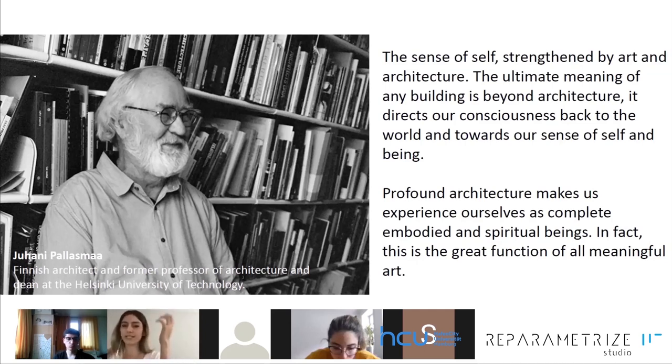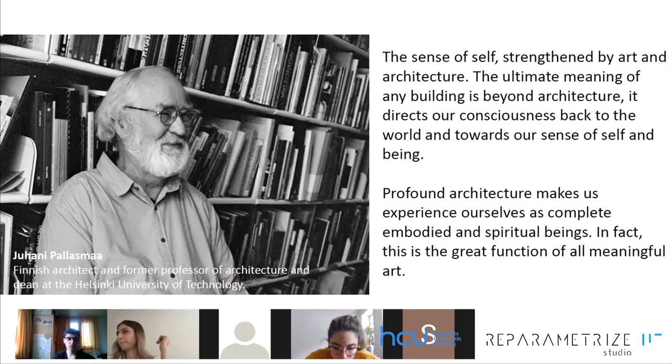And I always like to say that architecture and art are one thing, is to create spaces that go deeper in our senses. So we need to be more aware of ourselves to be able to create spaces that strengthen the sense of being for the people who are going to live in or use this space.